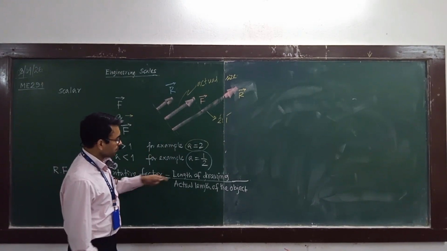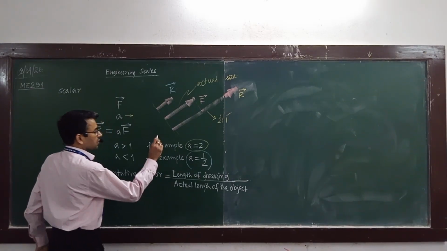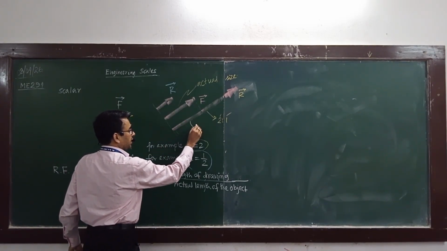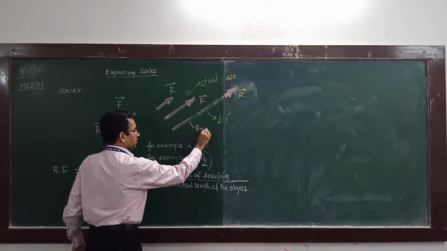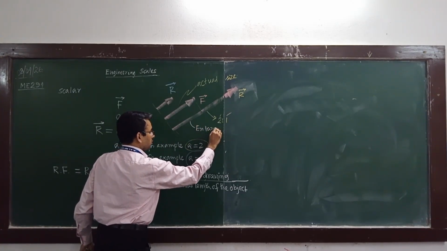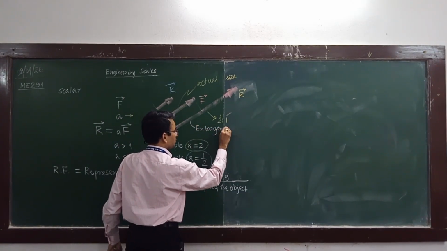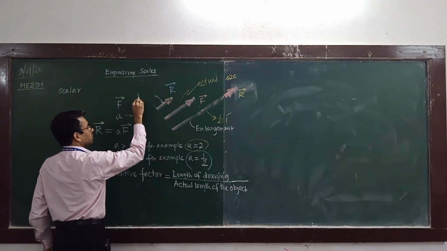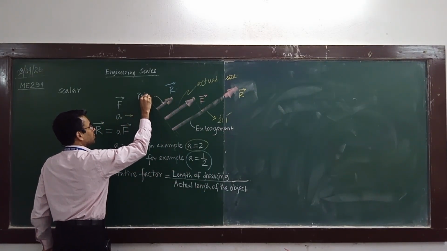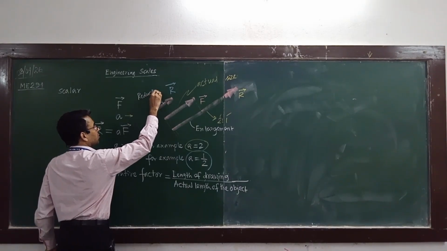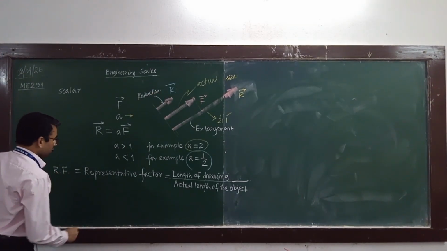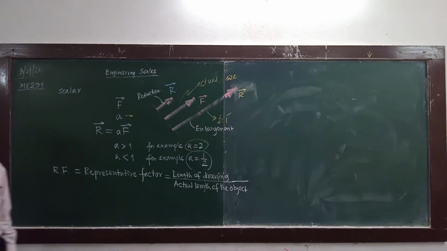So here, for this, what is that? Enlargement. What is this? Reduction. So therefore, there will be two scales.